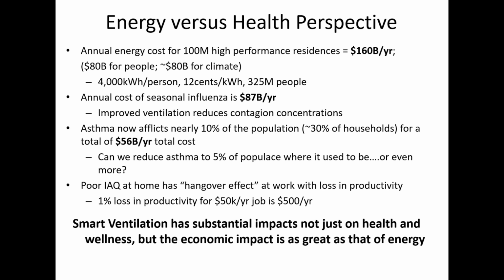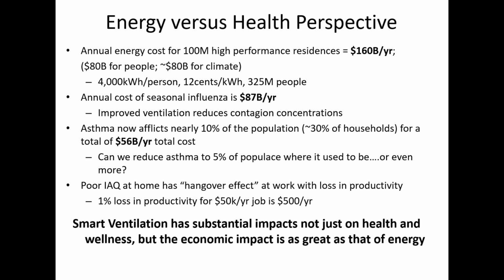But in terms of more common annual energy versus health impacts, if all 100 million homes in the US were high performance homes, it would be about $160 billion per year worth of energy to maintain them in terms of heating and cooling. So about 80 billion for the people loads and 80 billion for the climate.